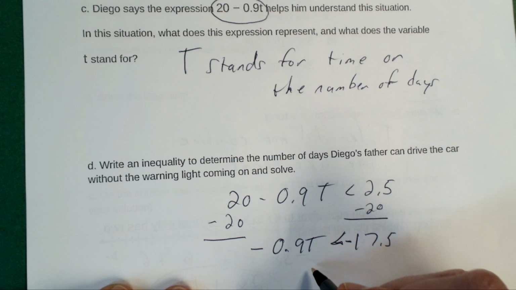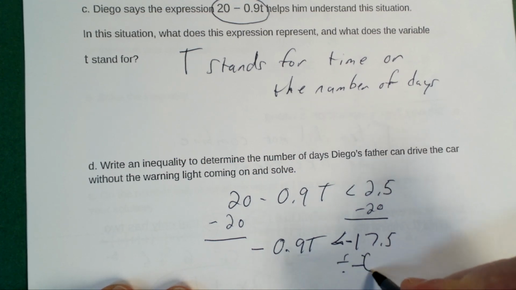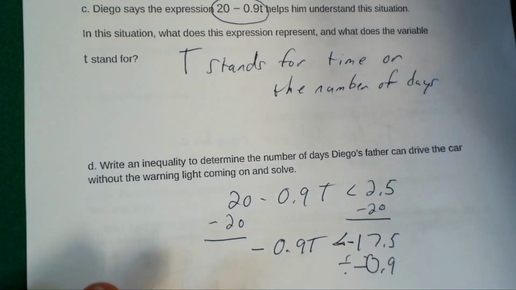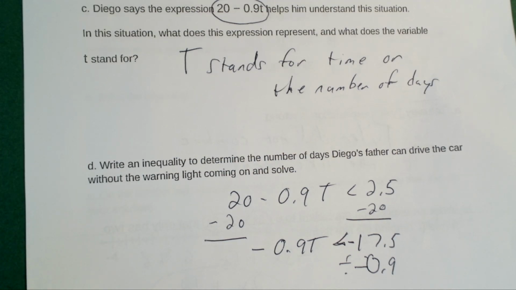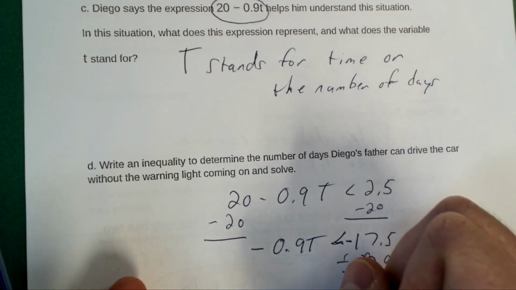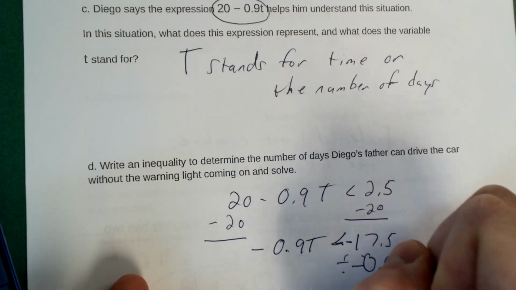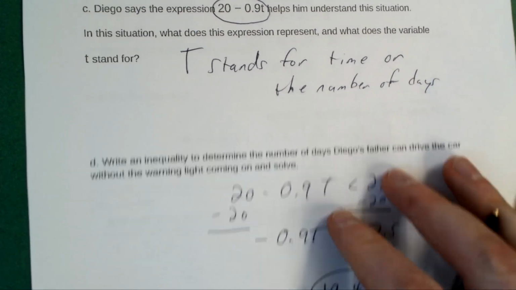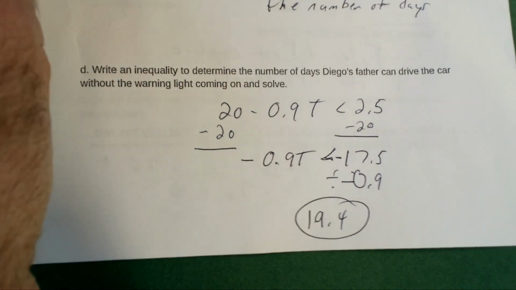Then I'm going to solve this, divide by negative 0.9, so 17.5 divided by 0.9 is 19.4, and that's your final answer there.